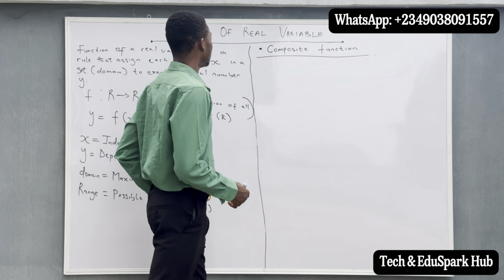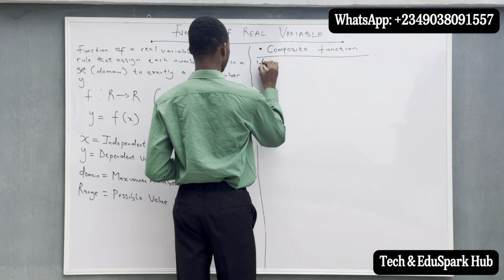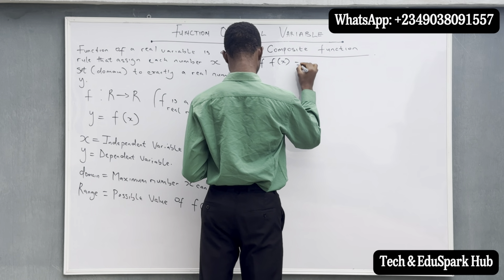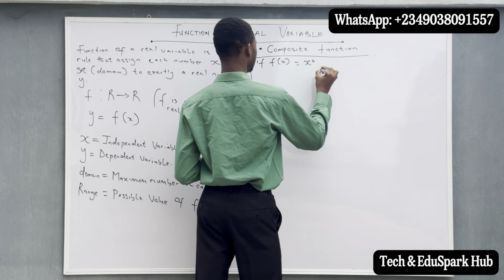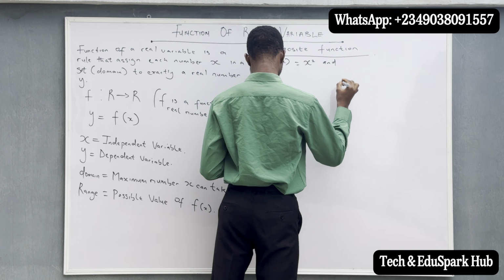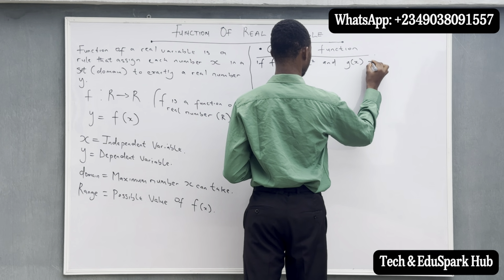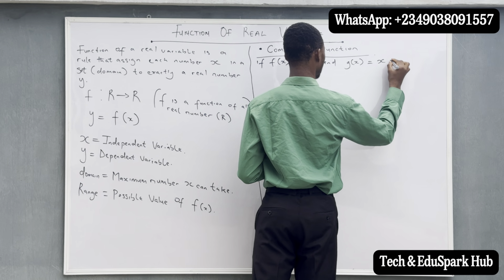So the first example, let's just say we have, if f of x is equal to x squared and g of x is equal to x plus 1.